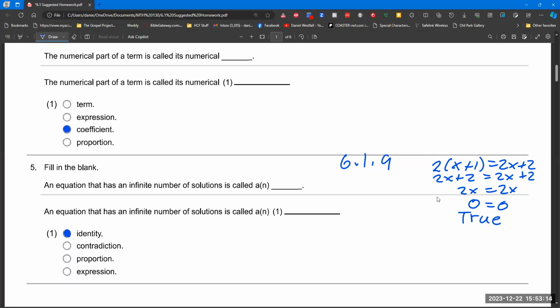So then that's what we're going to call an identity. And a contradiction has no solution, and an identity, its solution is all real numbers.